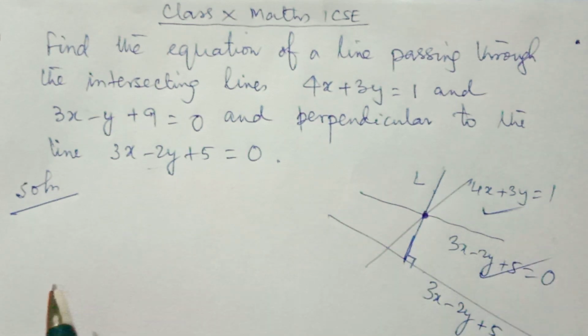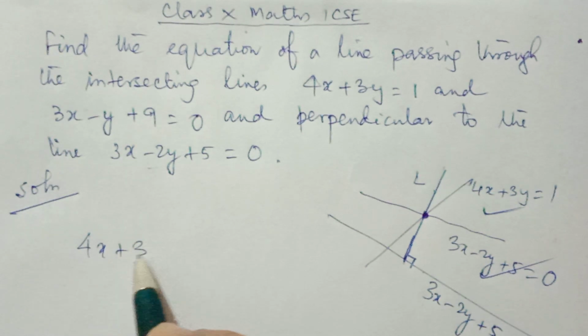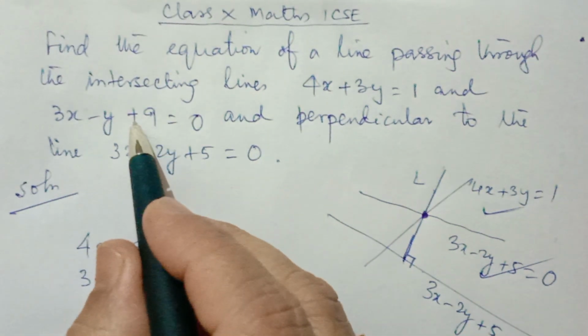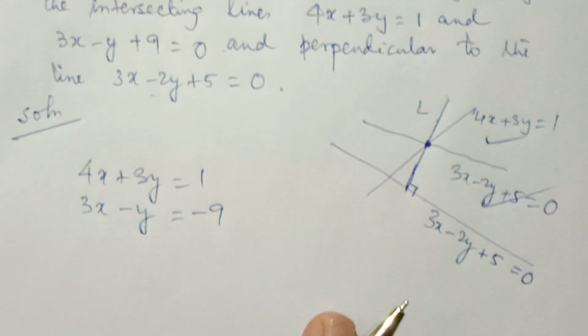This is the trick. So we'll write these equations together: 4x plus 3y equals 1, 3x minus y equals minus 9. So I'll take this plus 9 that side, then it will be minus 9.